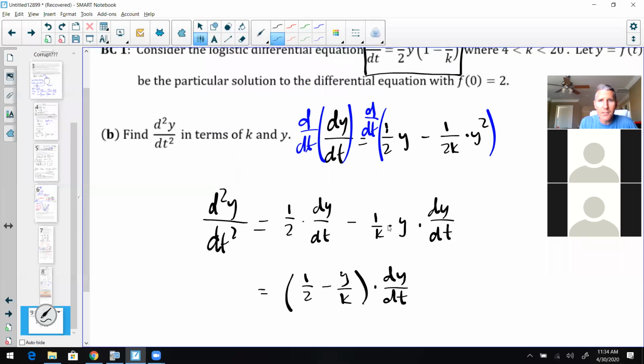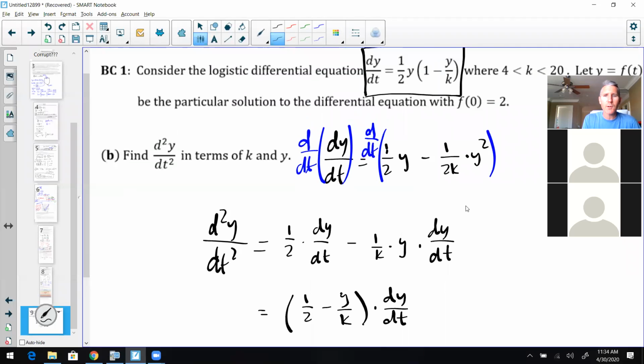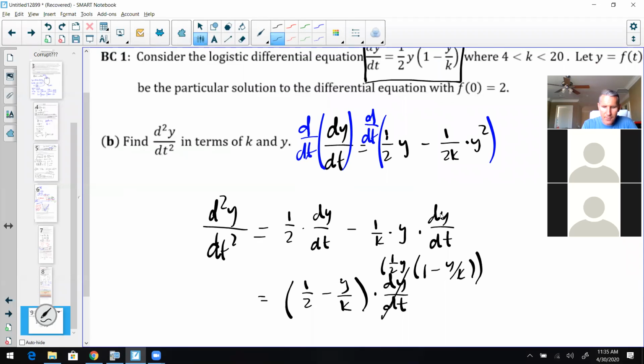So what is dy/dt? Go back up there and say, oh, dy/dt is just that. So I'm going to replace the dy/dt with 1/2 y times quantity 1 minus y/k. So that's what I have.